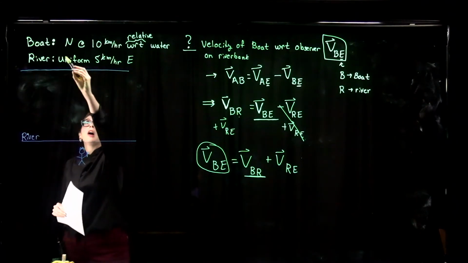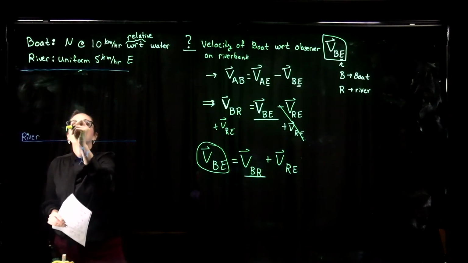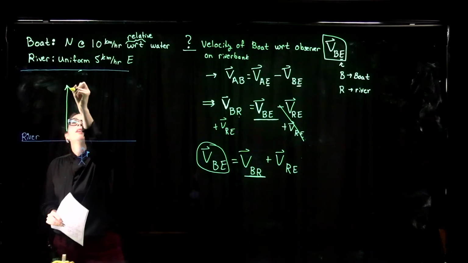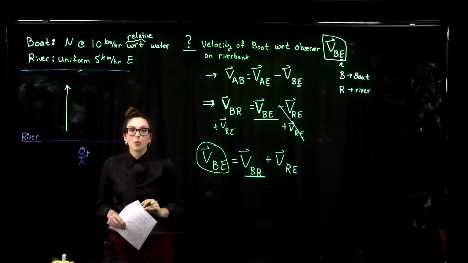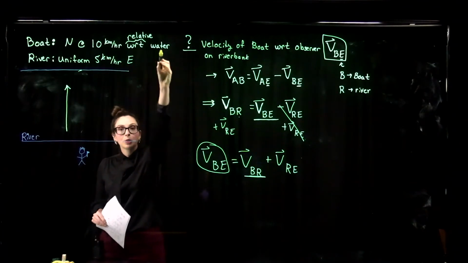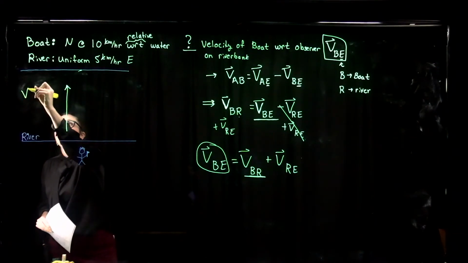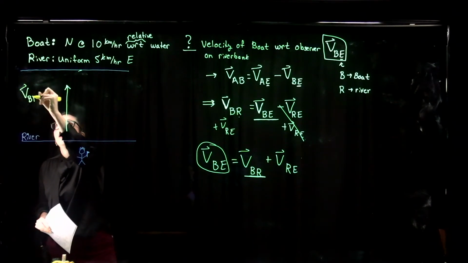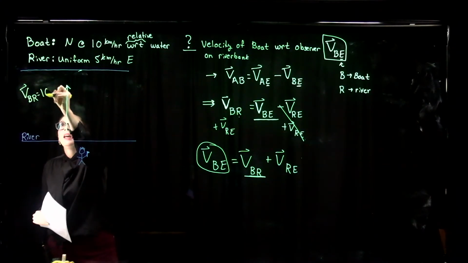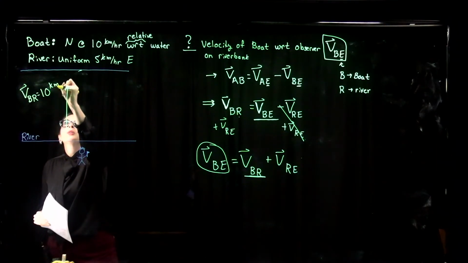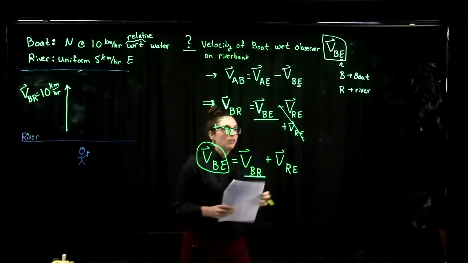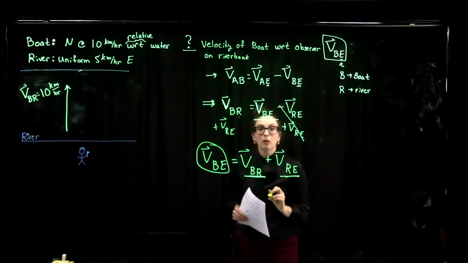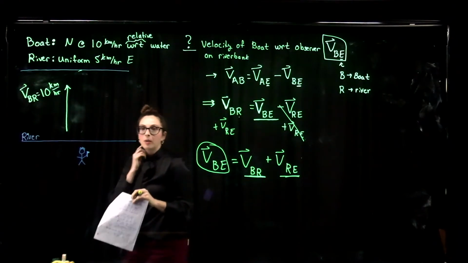Okay, so we've got our boat going due north. And this is the velocity of our boat with respect to the water, or with respect to the river. So we've got V_BR equals 10 kilometers per hour, okay? And then we're going to be adding it on to the velocity of our river, or our water, with respect to our stationary observer.